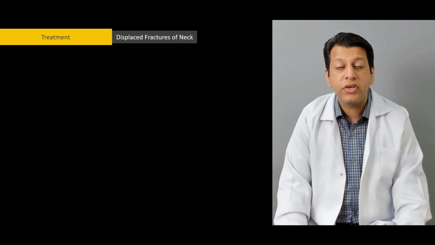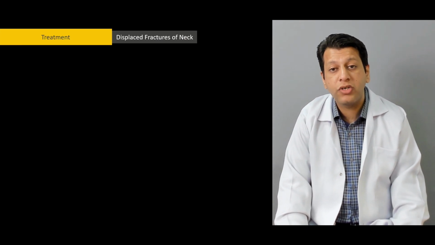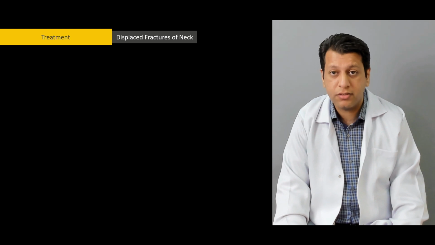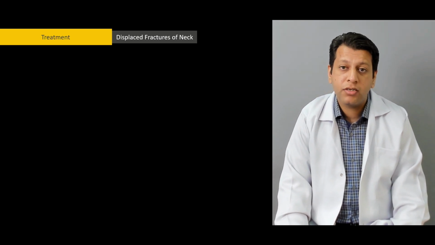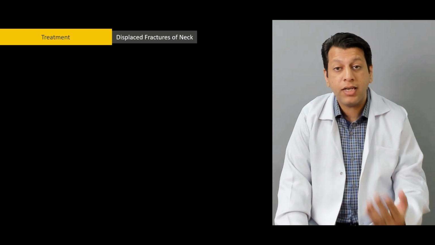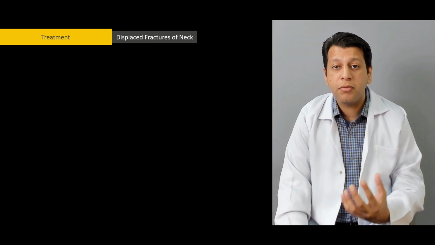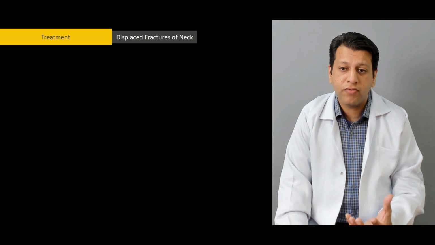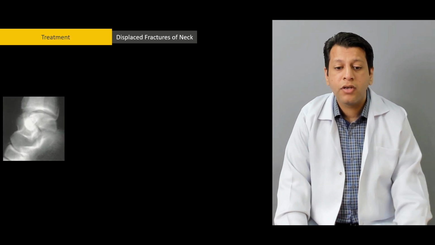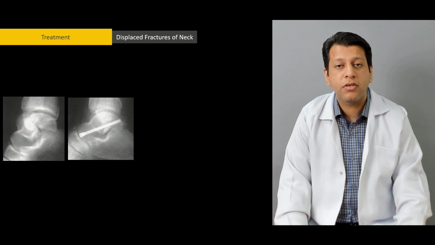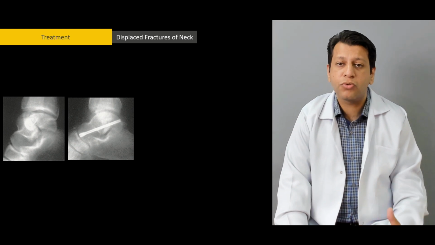Now coming to the treatment. As I told you, the treatment depends upon the classification. If it's type 1, that means it's an undisplaced fracture of the neck of the talus, that can be simply treated conservatively, in the form of a short leg cast for 6 to 8 weeks.